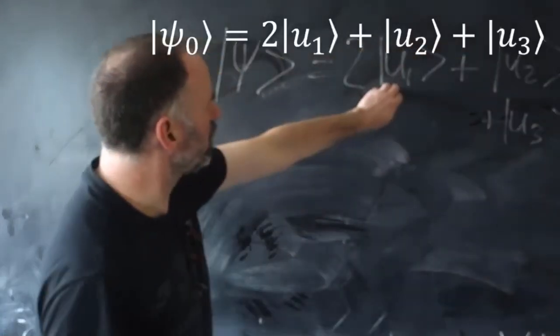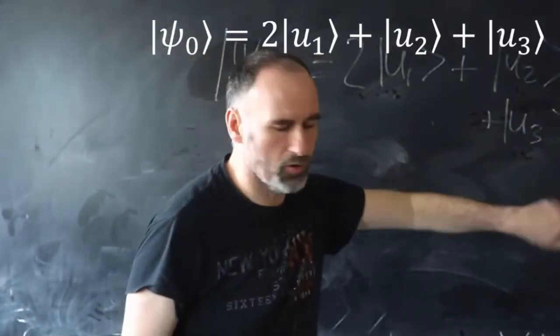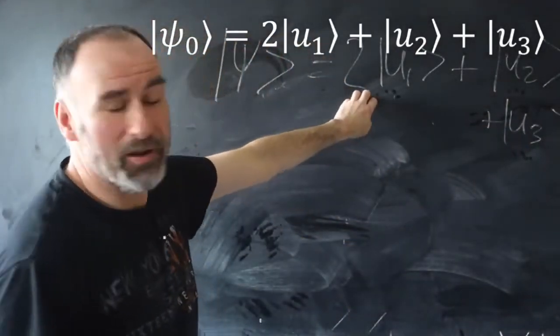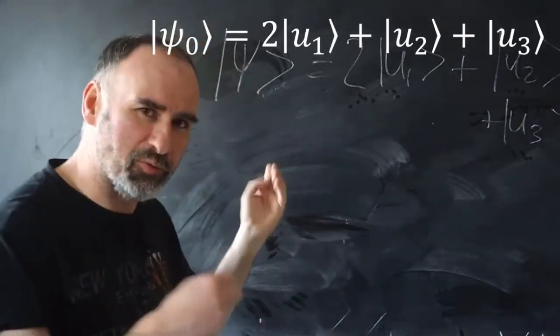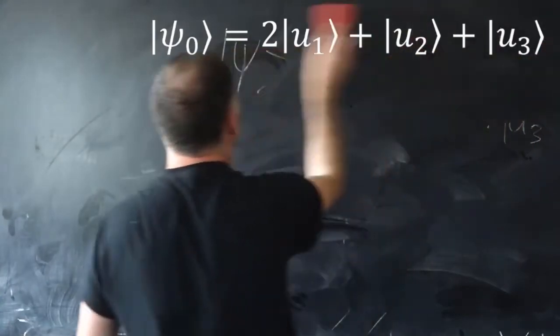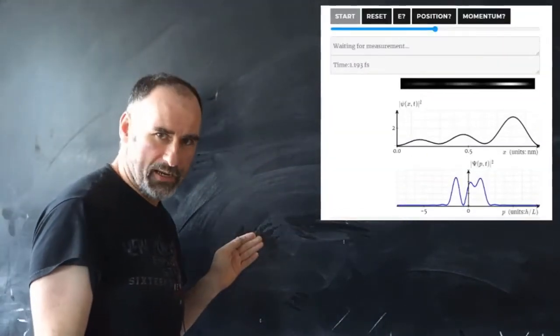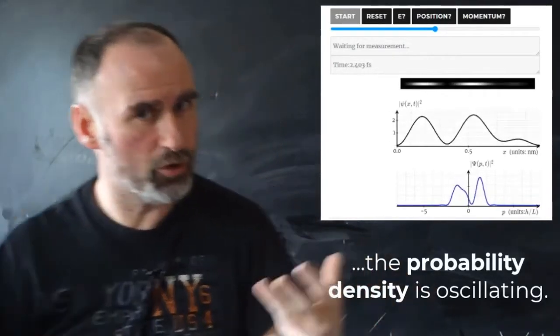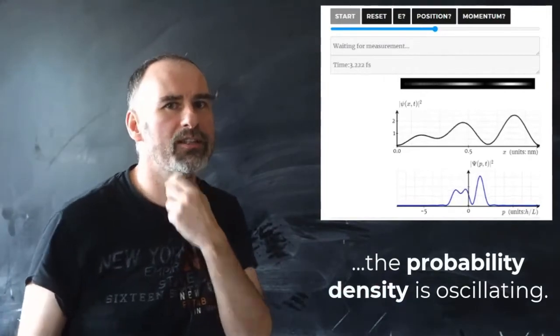We've got the first eigenstate, the second eigenstate, and the third eigenstate of the Hamiltonian. We've got twice as much of the first harmonic as we have of the other two. So we can set that up in our simulation. This is what that looks like. You see it's oscillating because we've got a mixture of eigenstates in there. It's not in a pure eigenstate.